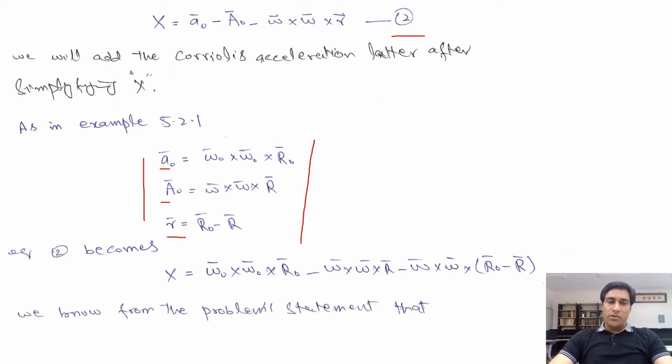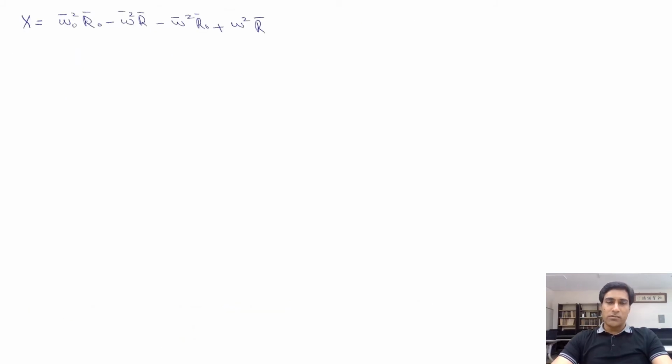We know from the problem statement that omega naught square r cube equals omega square r cube, because k is constant there, and the angular frequency of the object equals the angular frequency of the satellite. So x equals omega naught square r naught minus omega square r minus omega square r naught plus omega square r.